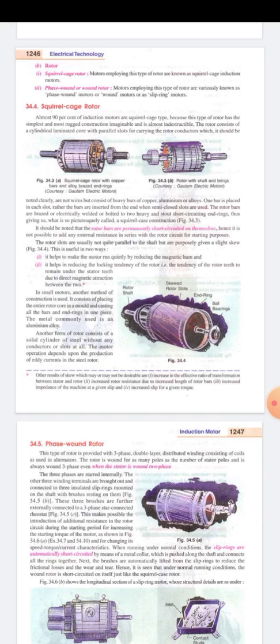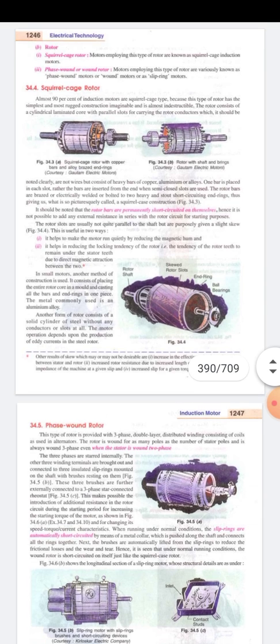One bar is placed in each slot. Rather, the bars are inserted from the end when semi-closed slots are used. The rotor bars are brazed or electrically welded or bolted to two heavy and stout short circuiting end rings.